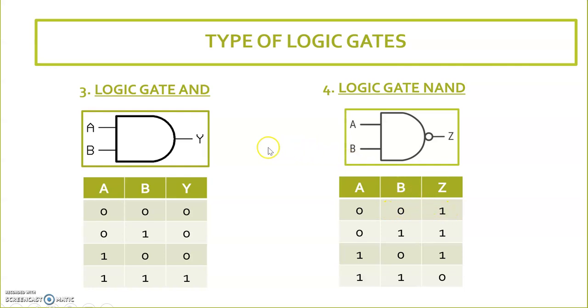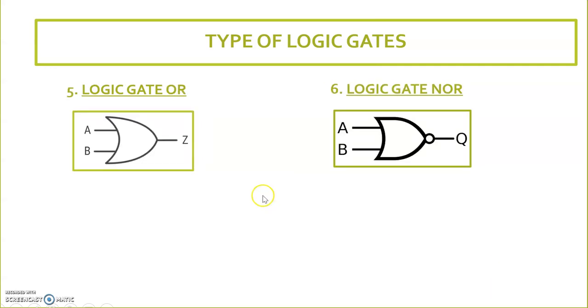It's opposite from AND, where the input 0, 0 gives output 0. For NAND, the input 0, 1, the output is 1. Different, opposite. For input 1, 0, the output is 1, and for the input 1, 1, the output is 0.